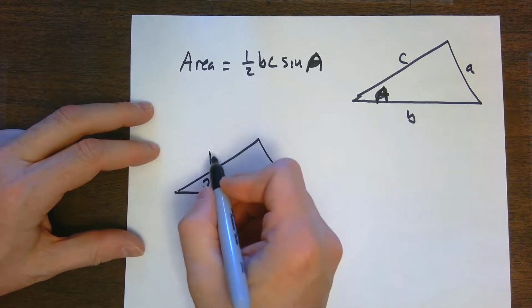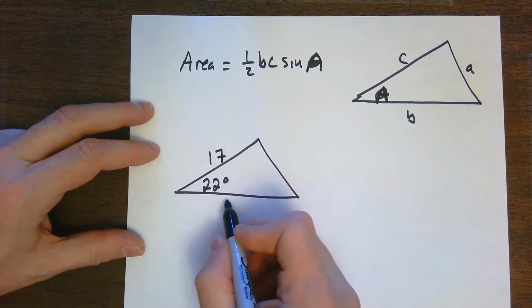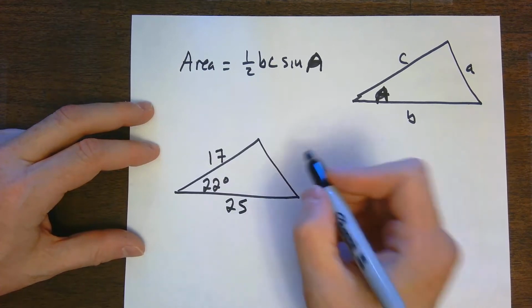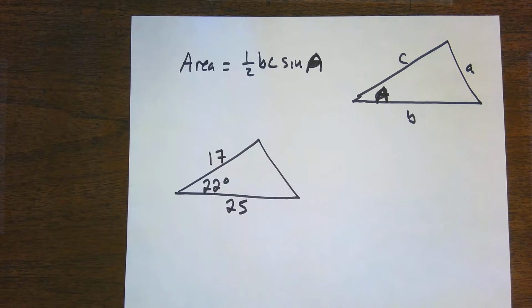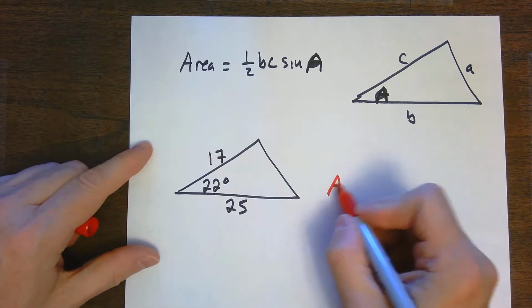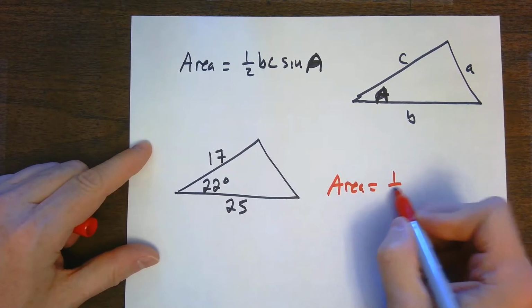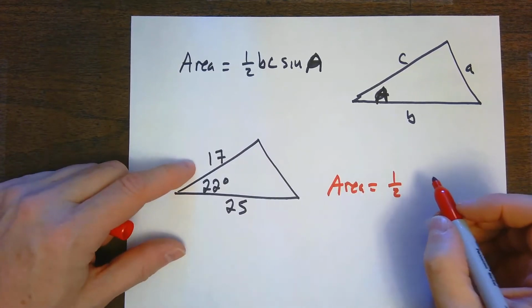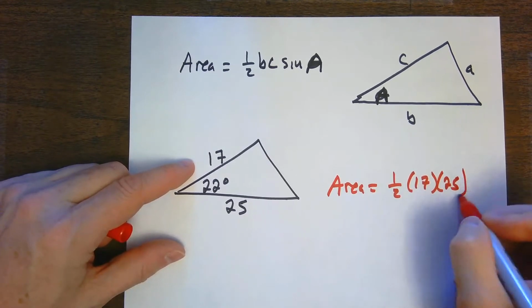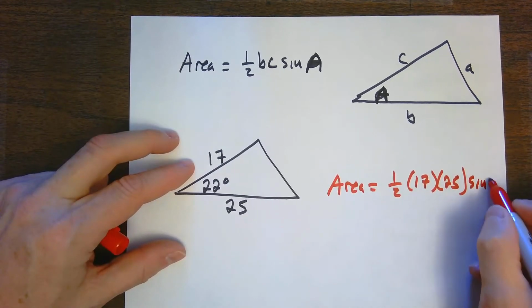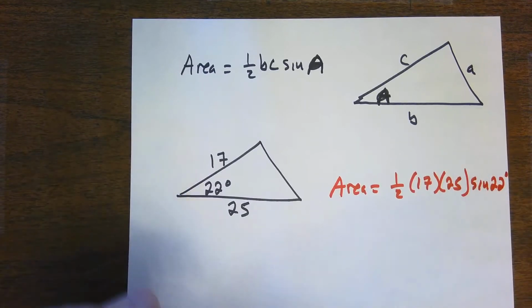This side is 17, and this side is 25. Let's find the area of this triangle. Area is going to equal 1/2 of 17 times 25 times the sine of 22 degrees.